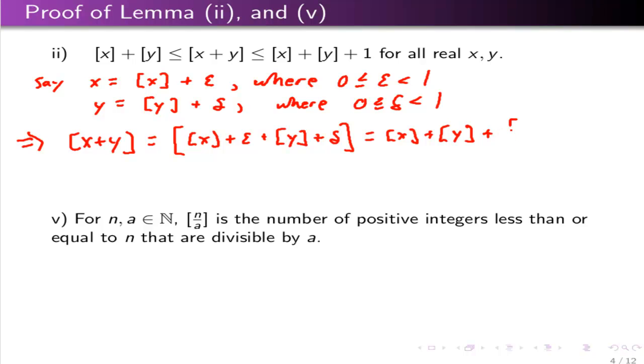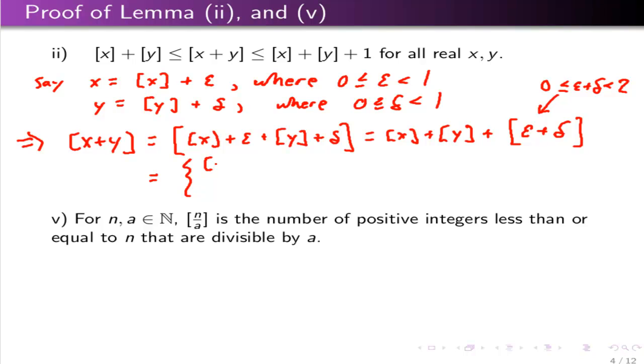And then I'm just left inside with epsilon plus delta. Okay, now what type of quantity is epsilon plus delta? It's going to be between 0 and 2. Strictly less than 2. So it's a real number between 0 and 2, so the bracket part has two possibilities.